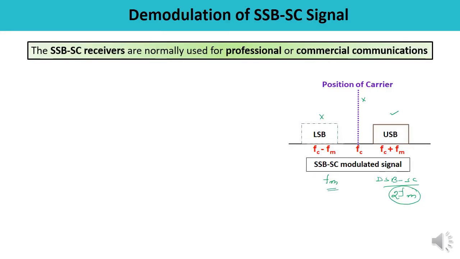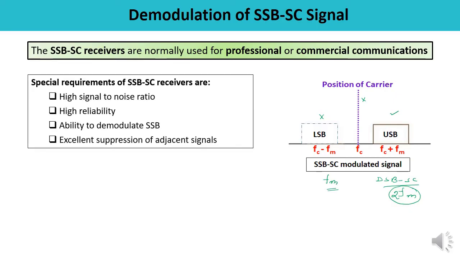As you know, at the transmitter side the signal is modulated, meaning generation of the signal is being done, but at the receiving side, when there is a requirement to receive or reconstruct the original signal, then demodulation is required. So the SSB-SC receivers are normally used by professionals or for commercial communications.